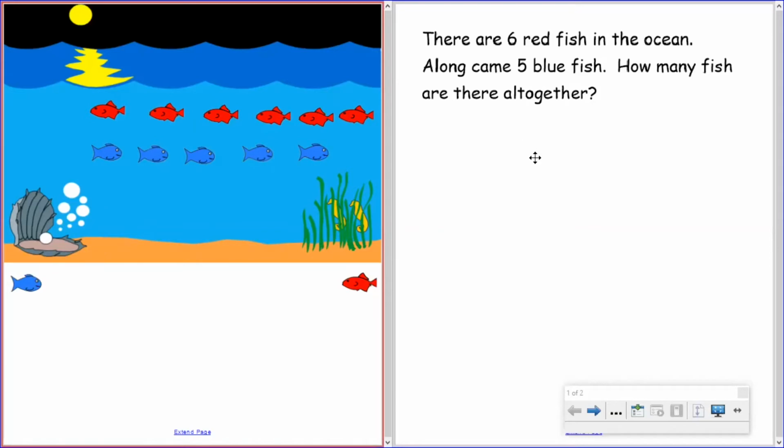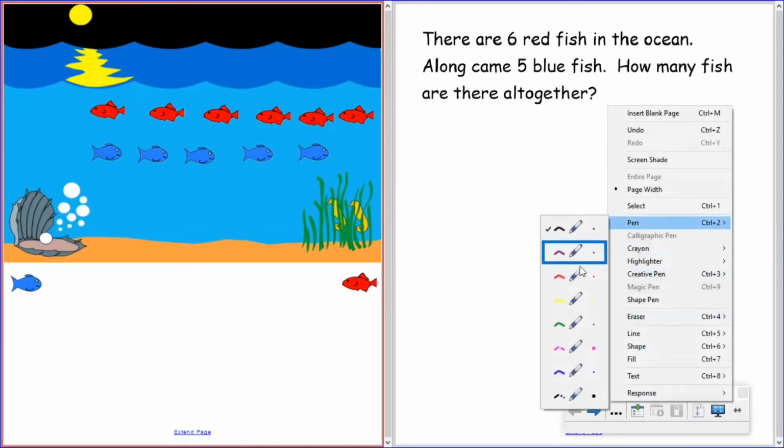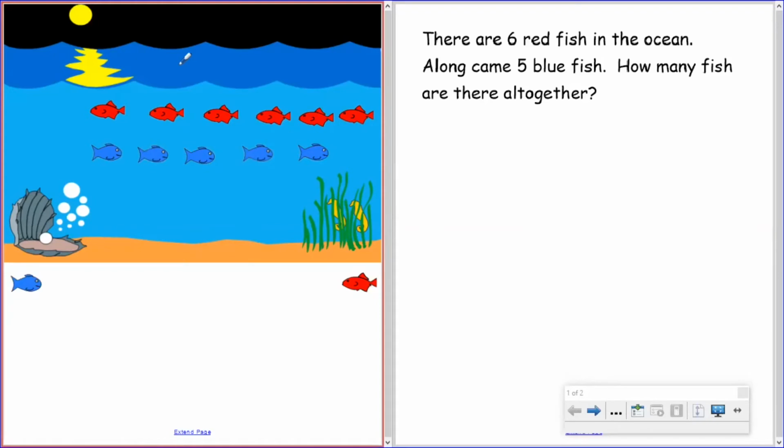The question says, how many fish are there all together? So now I'm going to join the sets together so I can find the answer. I'm going to join the 6 red fish with the 5 blue fish. And I have my circle to show that I'm joining the sets together.